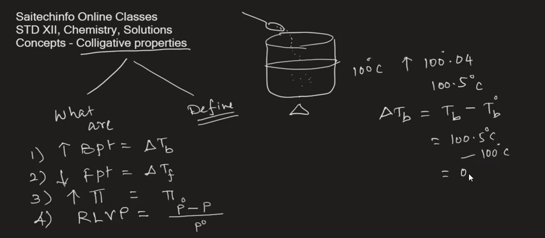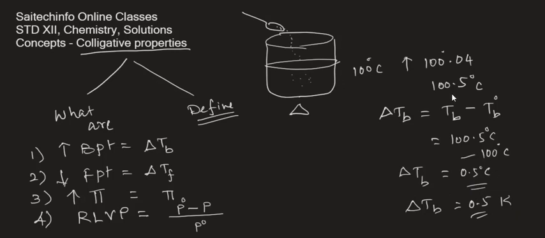That gives 0.5 degrees Celsius. If you want to convert this into Kelvin, it will be retained as 0.5 Kelvin only. You cannot add 273 to the difference.